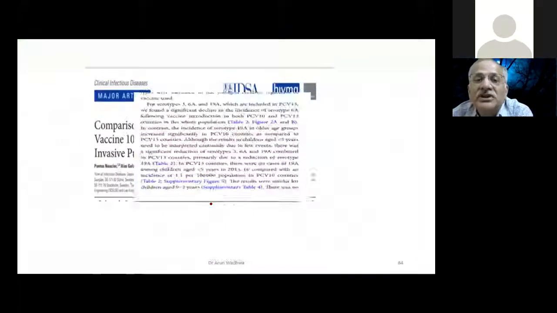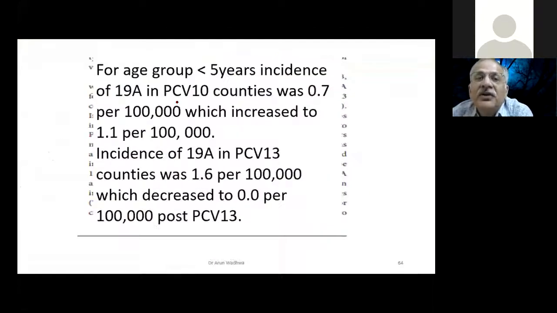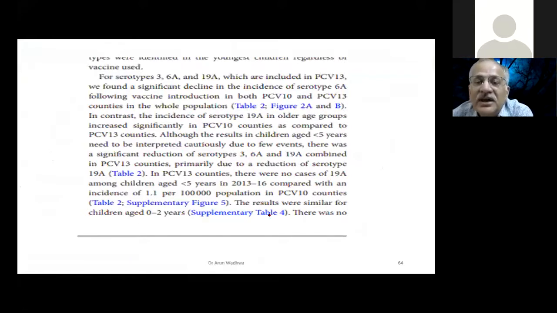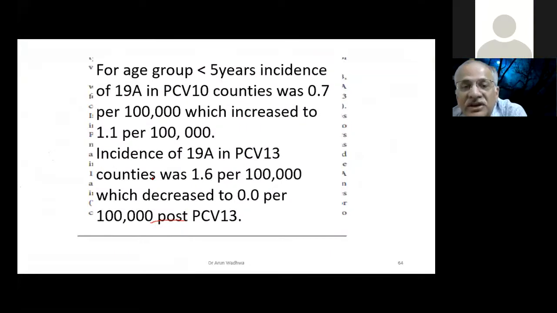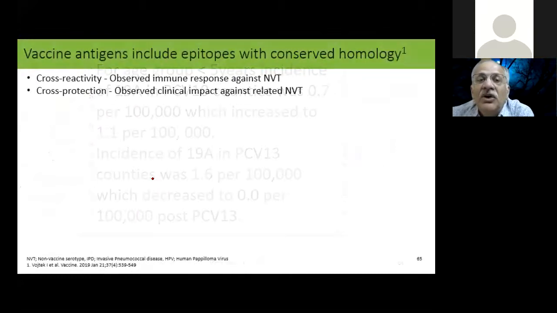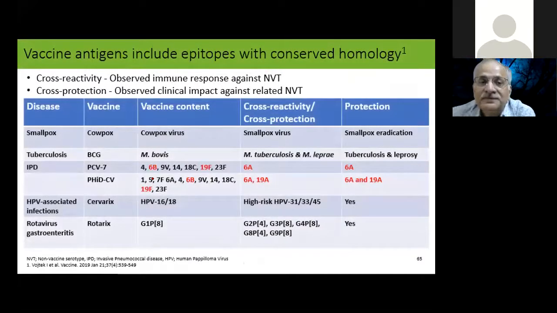And I showed you just now that for the age group less than 5 years, the incidence increased from 0.7 to 1, and there it went from 0.6 to 0.0. And actually, less than 2 years is the only age group where it helped, and that's why that chart shows you less than 2 years. But if you see the overall impact, PCV13 was better because it reduced 19A, 6A, 3 in all the countries across the age groups.